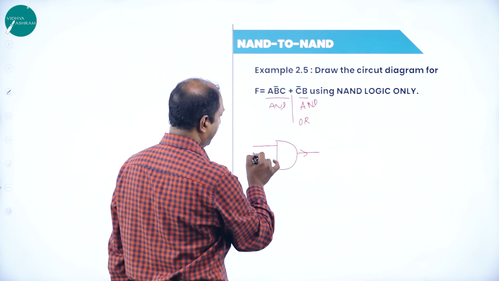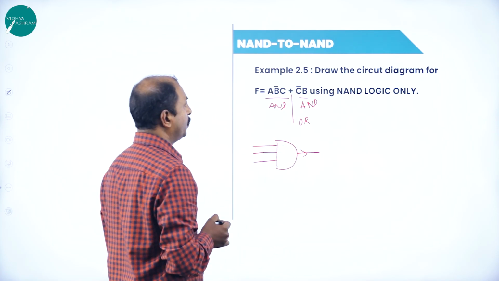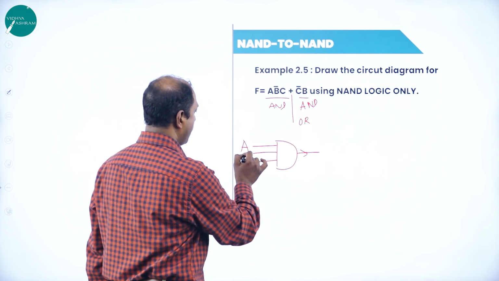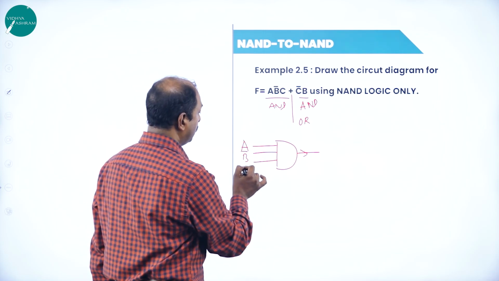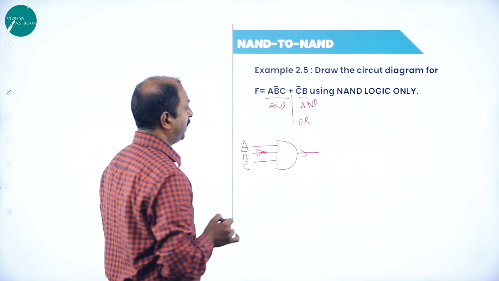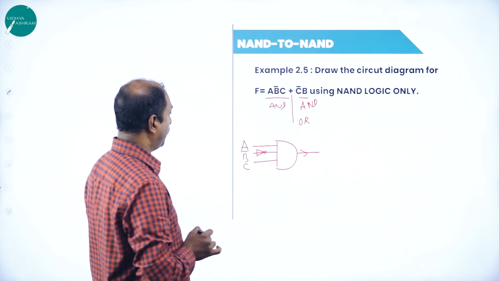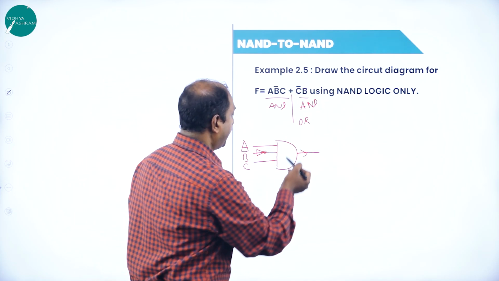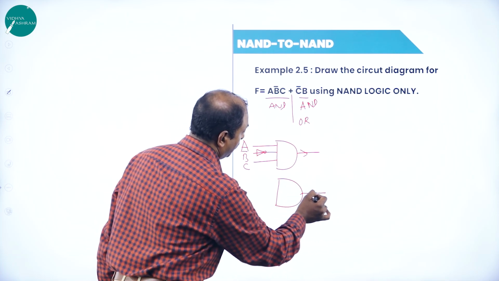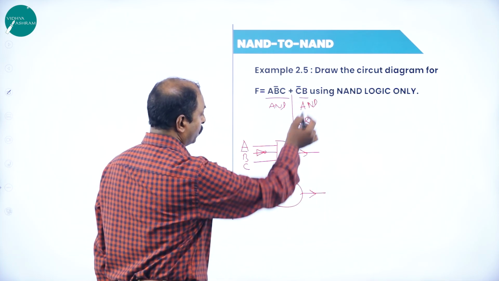This is an AND gate with 3 inputs: A, B naught, C. How do we write B naught? This is how we write B naught, with a NOT gate. And one more AND gate with 2 inputs, C naught and B, and its output will be here.